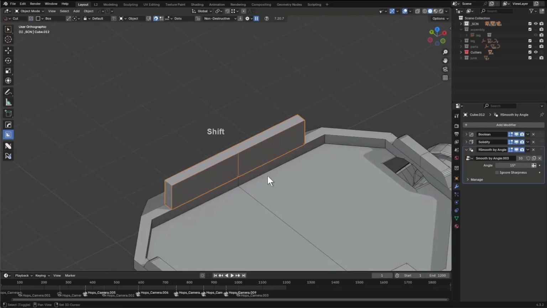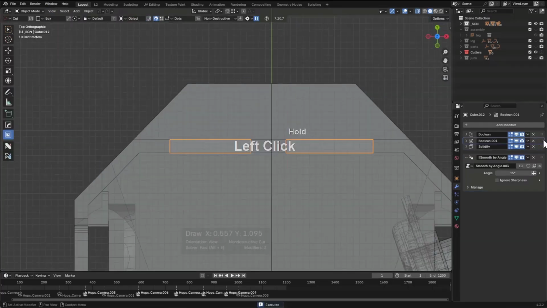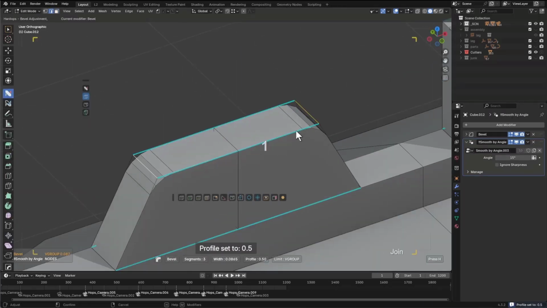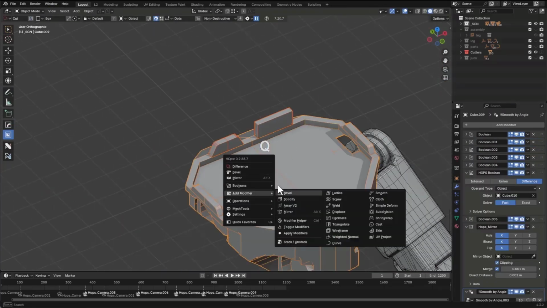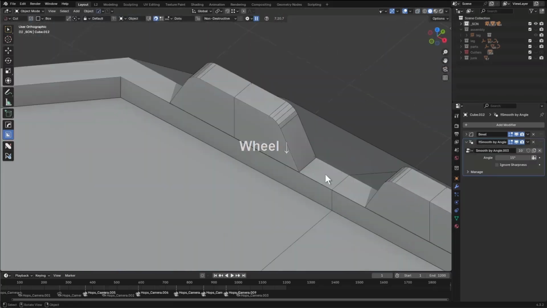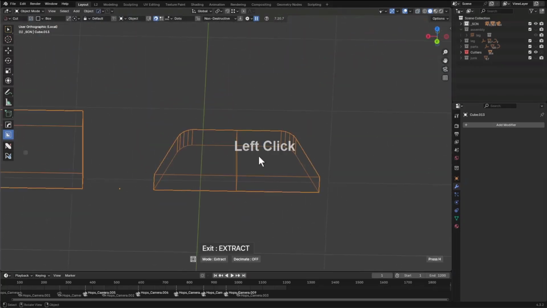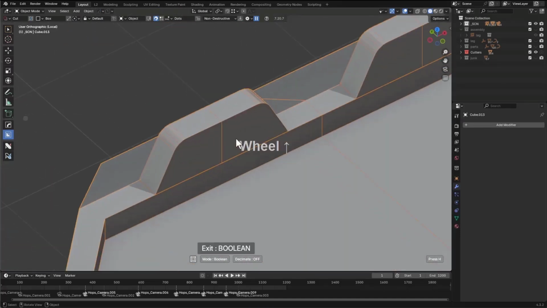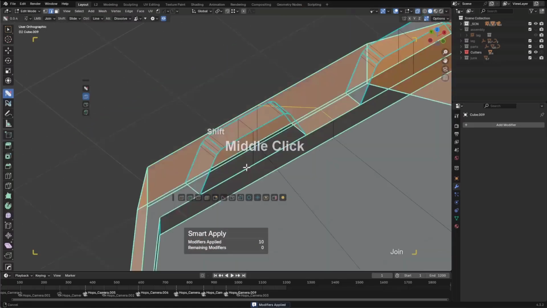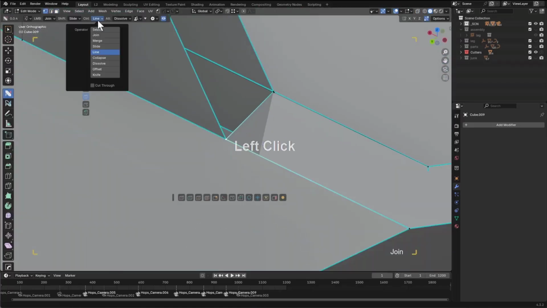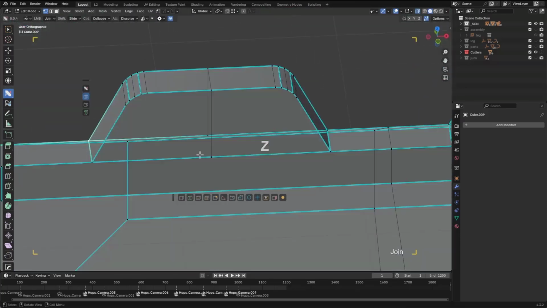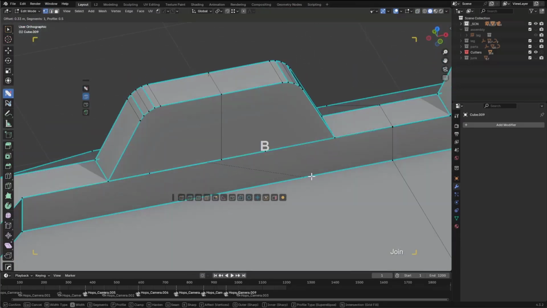Of course, while I'm working, I'm always screen capping errors in order to send them because our work is never done. But the most important thing to me about Boxcutter is being able to work, experience an error, and continue to work. So right there, you saw me use an exact Boolean. There are two types of users. There are those who use the exact Boolean and then just forget about it. They leave the modifier, and then there are those who use it, apply it, and then correct it.